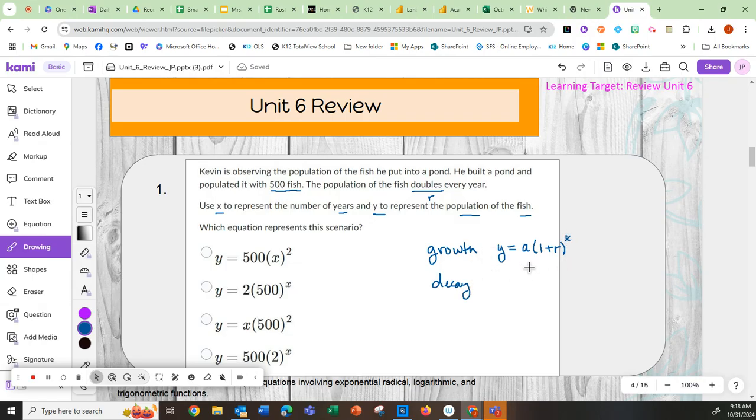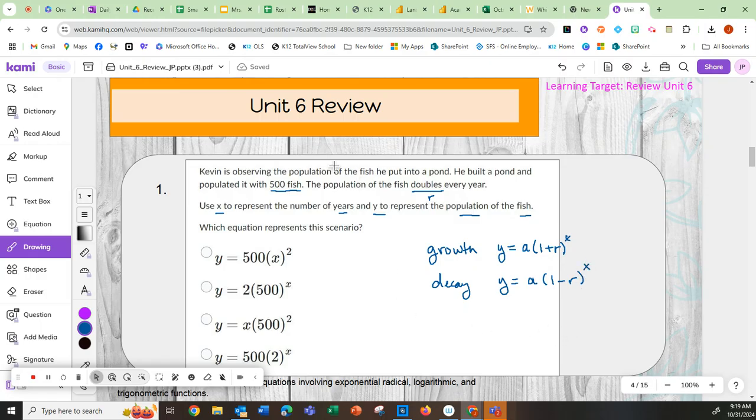So growth is when in your problem something is increasing, something is growing. You would choose that formula. Decay is when you have something that is declining, depreciating, going downward. And that formula looks the same except for 1 plus R. It changes to 1 minus R, and then it has an exponent.